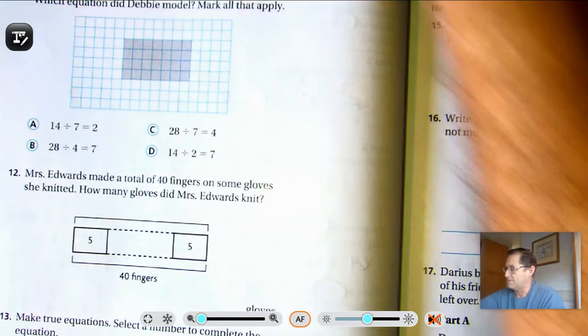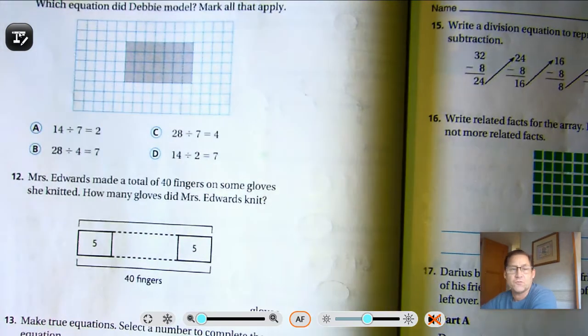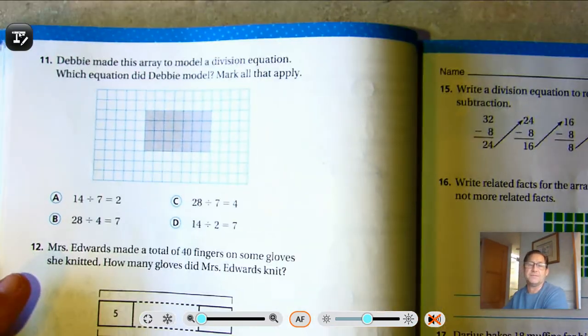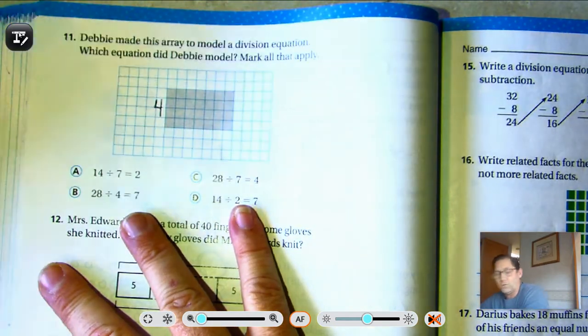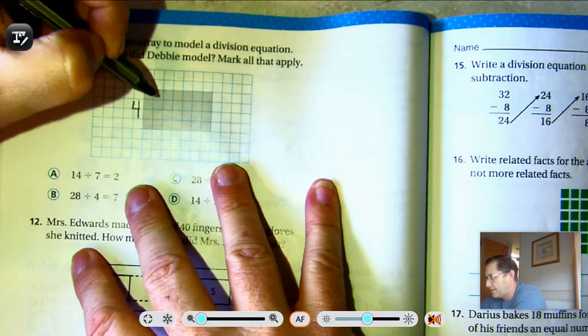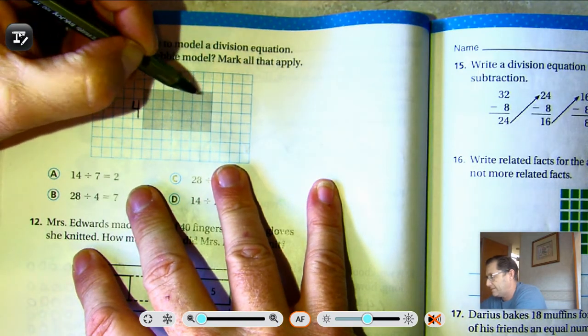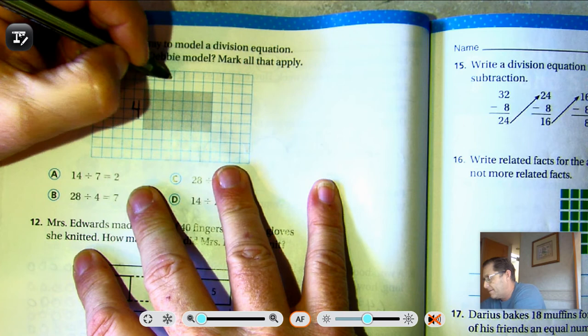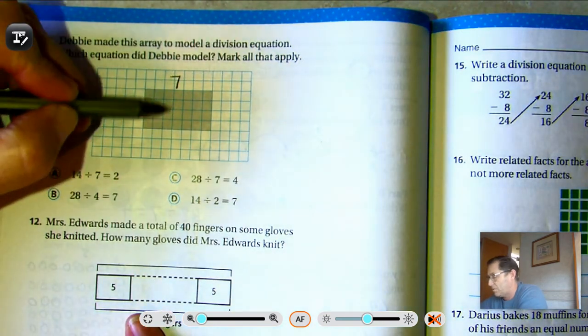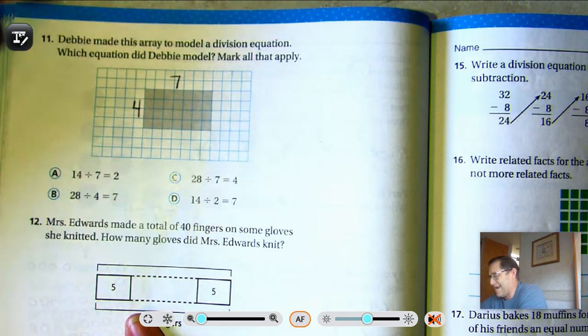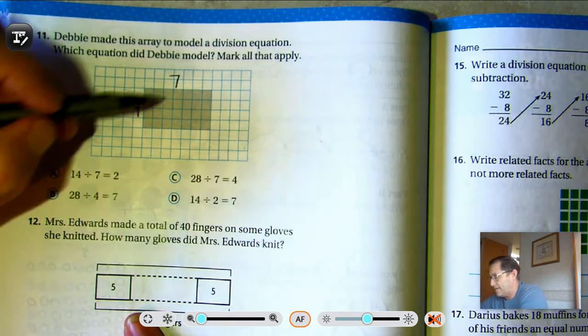All right, page 260, number 11. Debbie made this array to model the division equation. Which equation did Debbie model? Mark all that apply. So there's 4 rows, and in each row she has 1, 2, 3, 4, 5, 6, 7. All right. So she has a total of 4, 8, 12, 16, 20, 24, 28. 28 divided by 7.